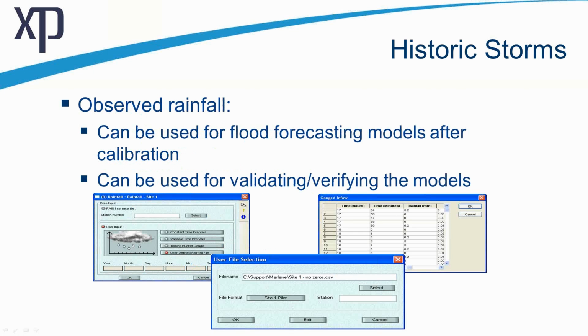Historic storms are typically obviously that function of observed rainfall, but are used to identify how major catchments in particular perform, and particularly important if you're looking at trying to calibrate a numerical model against a real-world situation.